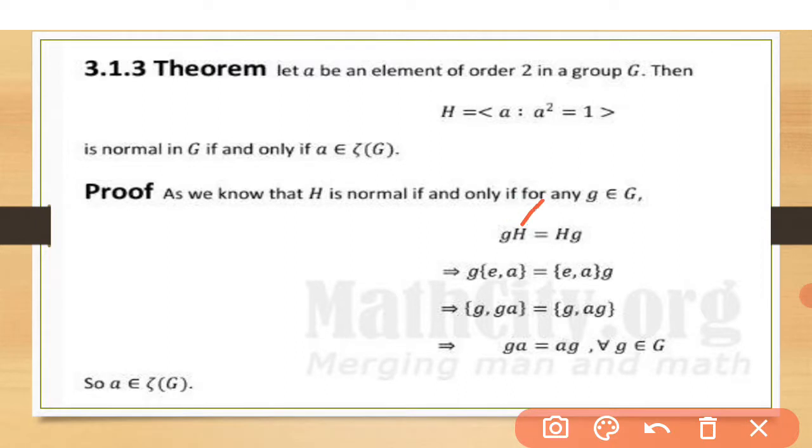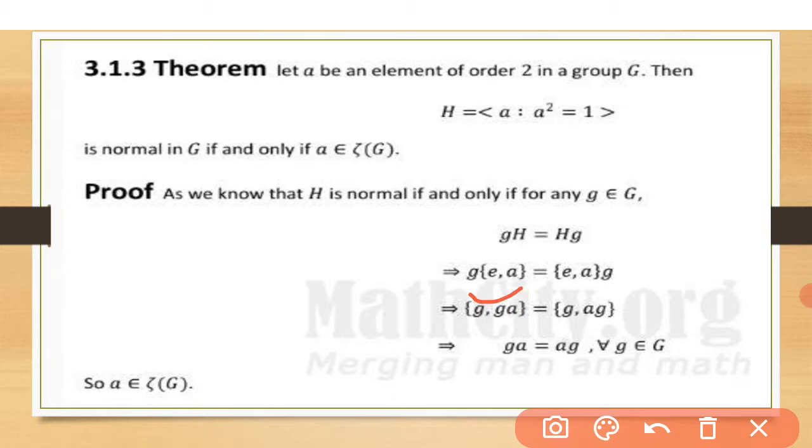So we know that H has only two elements. One should be A because it is generated by A, and we know that the identity should be in every group, so the other element will be the identity element E. So in place of this capital H, we place its elements E and A. When g is multiplied by E, it gives us g because E is the identity element.